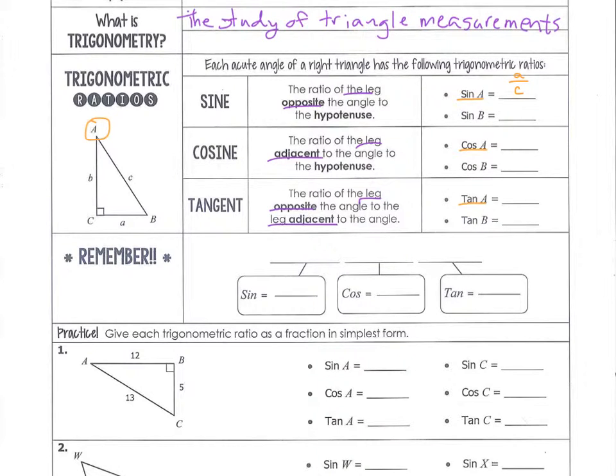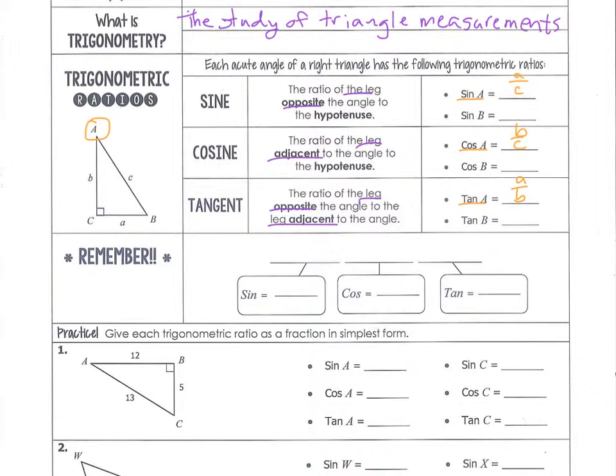And so the cosine for A, what is the leg adjacent? B over the hypotenuse, C. So we've got B over C. And what about the tangent? Tangent is leg opposite, which is A, over the leg adjacent, which is B. So we have A over B.